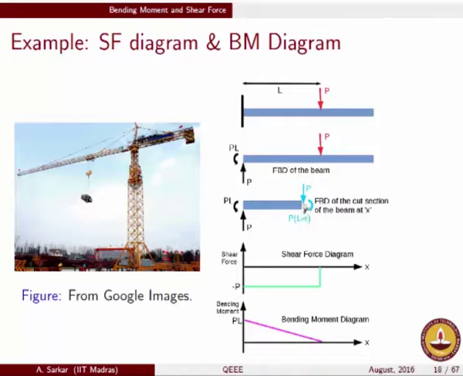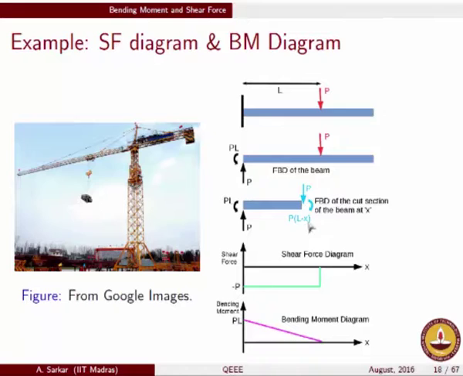So just to repeat myself, this blue downward arrow is going to tend to deform this cross section in a clockwise fashion, not in a counterclockwise fashion, and therefore the effect of this force is a clockwise rotation, therefore this shear force is taken as negative.